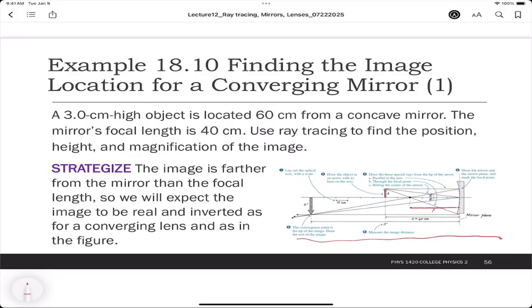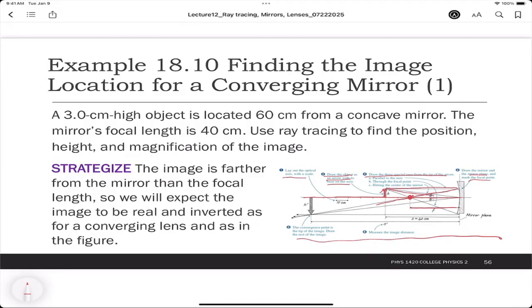First, lay out the optical axis with a scale. Step 2, draw the mirror and the mirror plane and mark the focal point here. Step 3, draw the object as an arrow with its base on the axis. And step 4, draw the three special rays from the tip of the arrow. This one goes to the focal point.